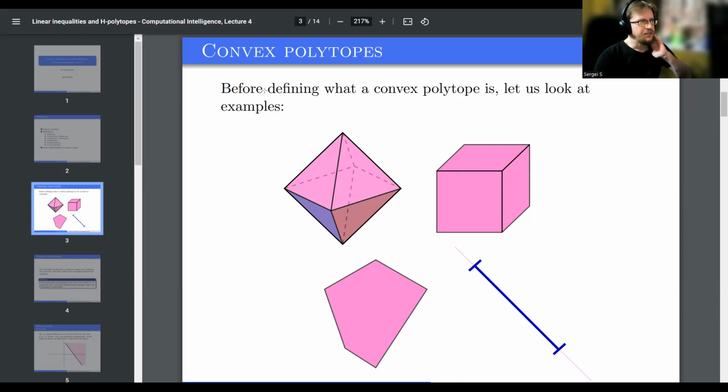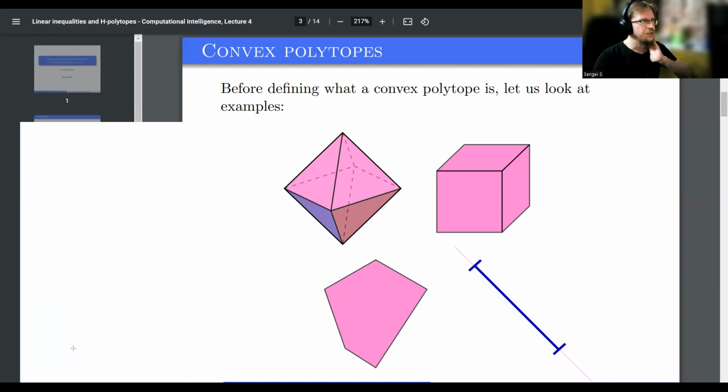How do we make those domains? Those domains are made by constructing half spaces. Let me just show it on a 2D triangle. So the way you can construct a triangle, let me try to draw it.